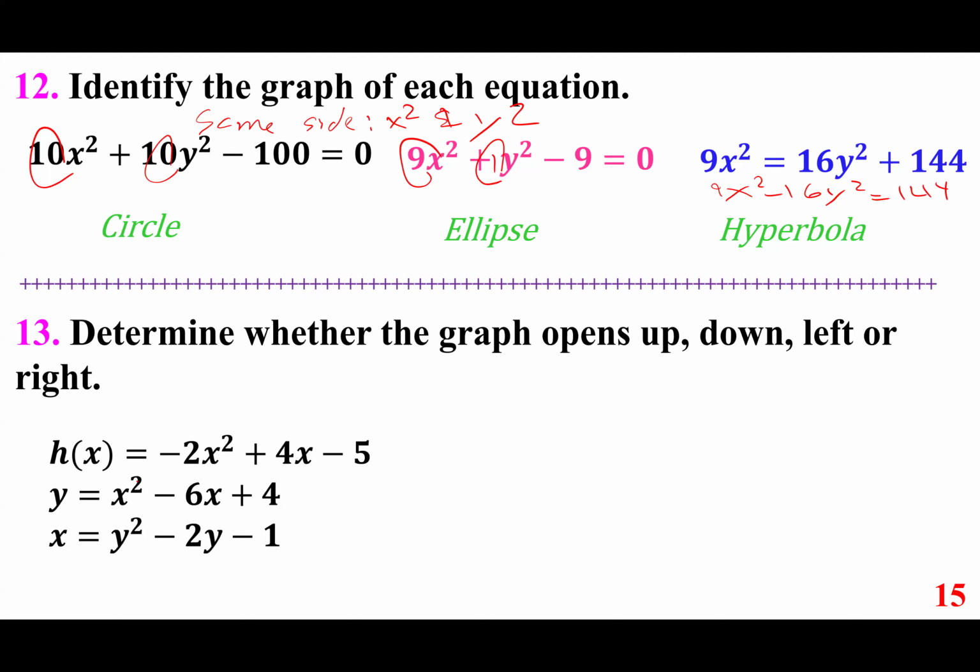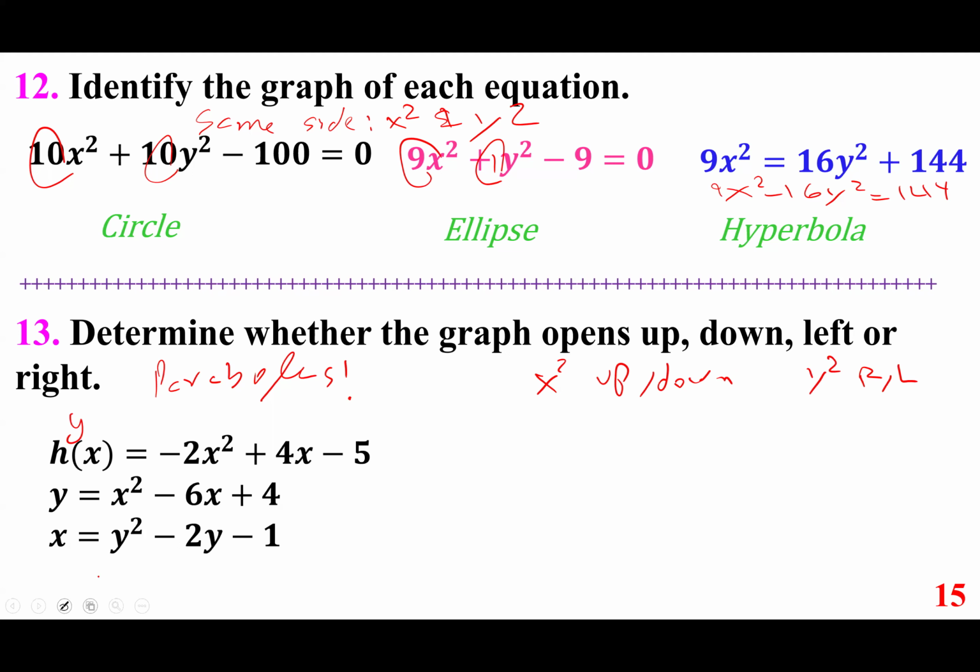Now, when we have one of them, by the way, this is like y. Either x or y has the exponent 2, but not both of them. They are all parabolas, because it's either x or y. So now, when x is squared, x squared means up or down. Y squared means right or left.